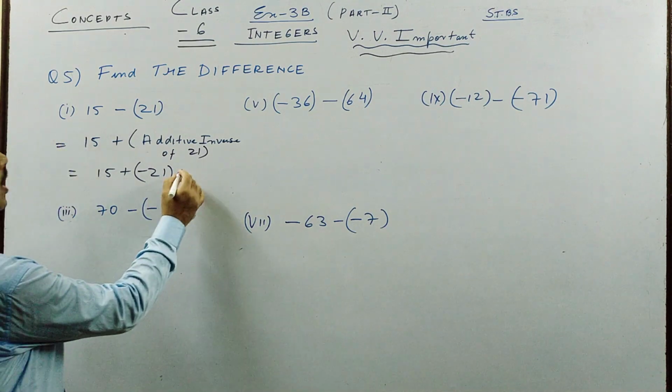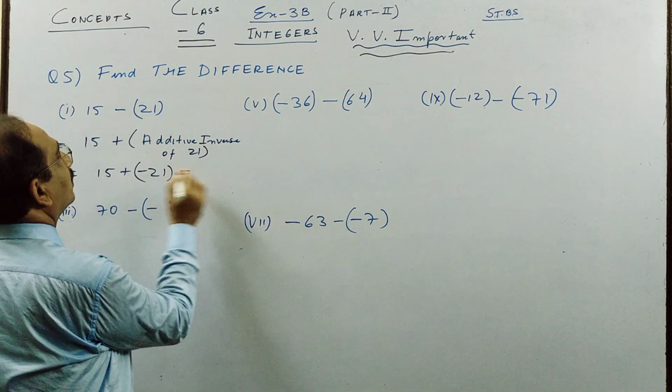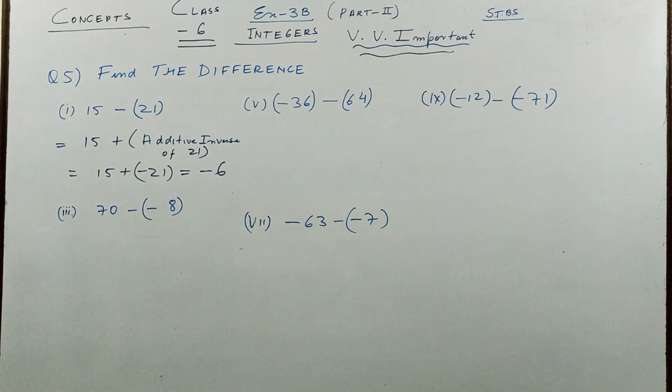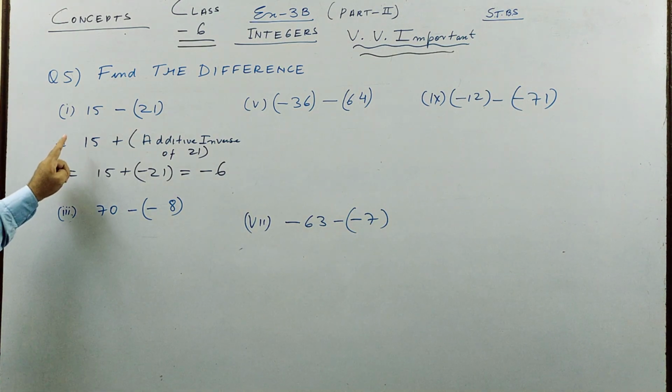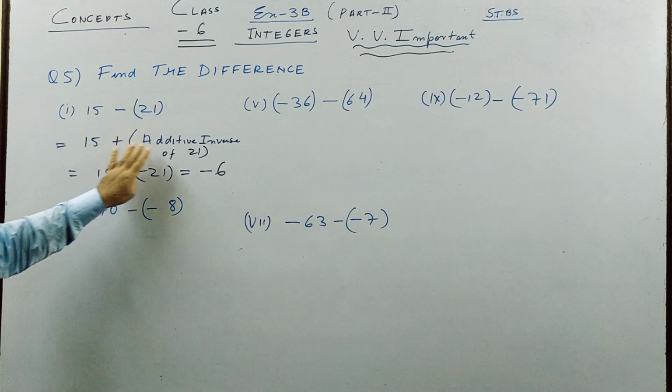So now we go back to the rule. You will see 1 plus 1 minus. Subtract the smaller from the larger and put the sign of the larger. Okay, once more, plus additive inverse.